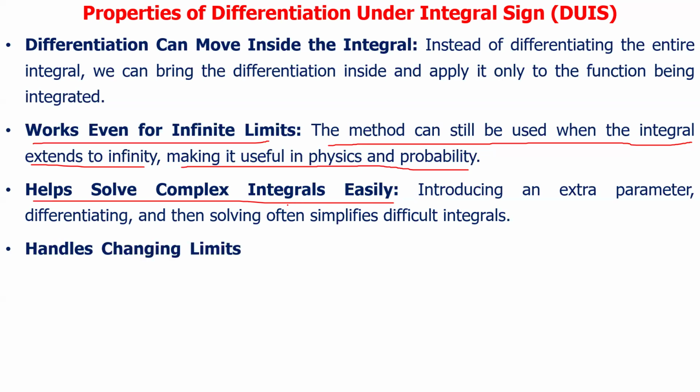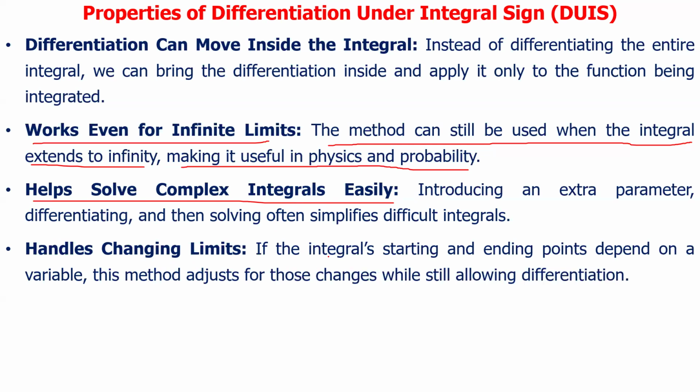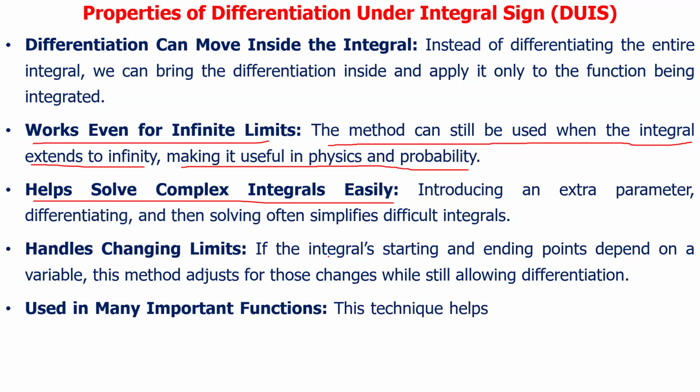The fourth property is that it handles changing limits. If the integral's starting and ending points depend on a variable, this method adjusts for those changes while still allowing differentiation. The fifth and last property is that it is used in many important functions.